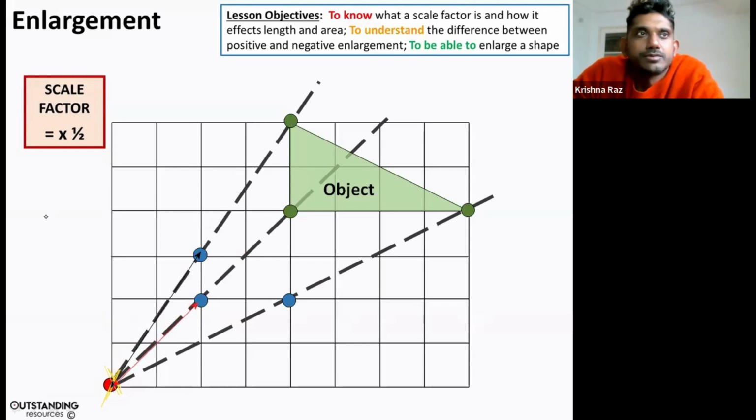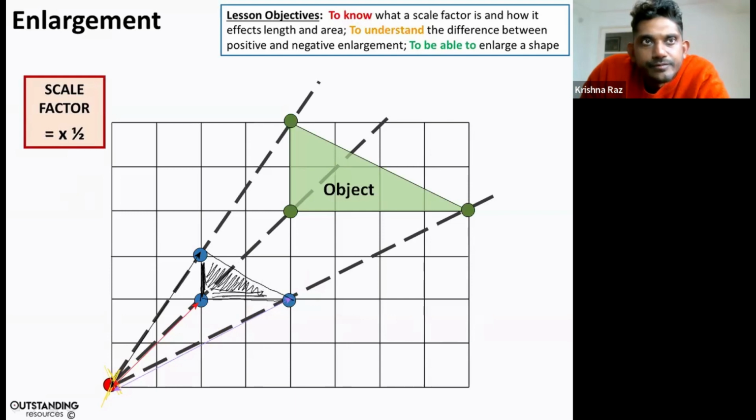And we do the same for the third point. Whatever that distance is, we half it, and then we join the shape. And what we'll see is the resulting shape will be half the size of the original.